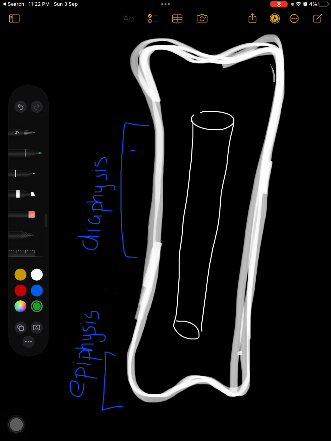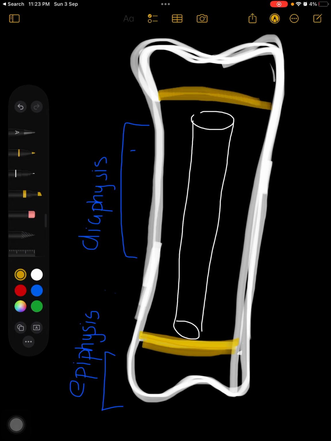And the region over here, this one region, and this one here as well, is known as metaphysis. Alright.